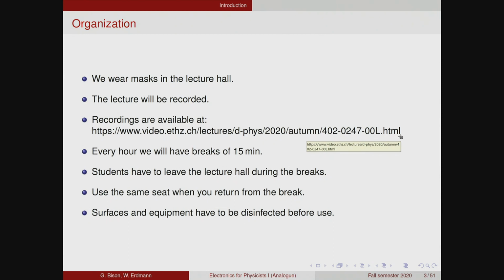And then you should come back to the seat that you occupied before after coming back from the break. Surfaces and equipment have to be disinfected. I think this is not so important now, but as soon as we get to the practical work, we will provide disinfection wipes so that you can disinfect the equipment.